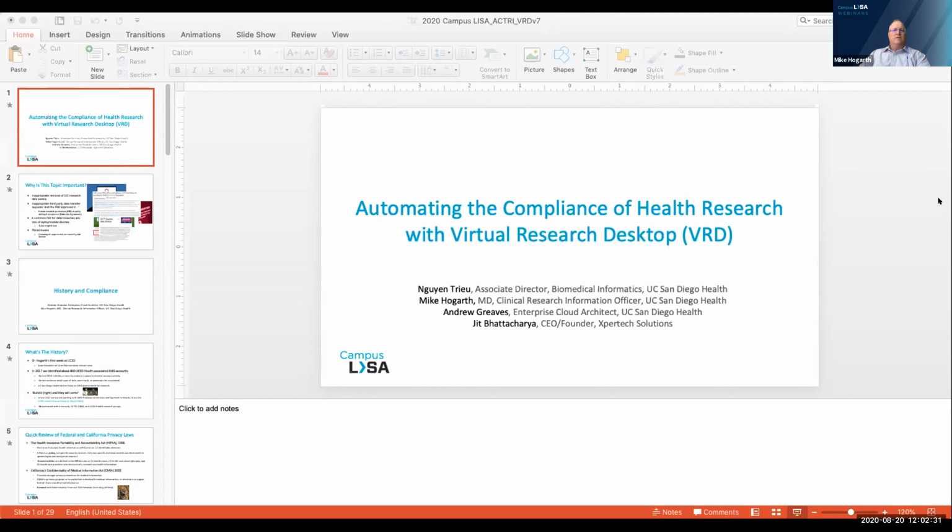To get this started, I think what we want to get to here is the rationale behind the Virtual Research Desktop. If we could move the slides forward and maybe put it in presentation mode, that would make it better for folks today.